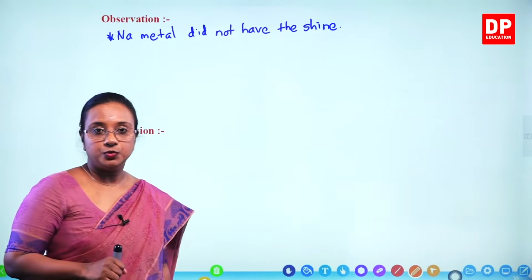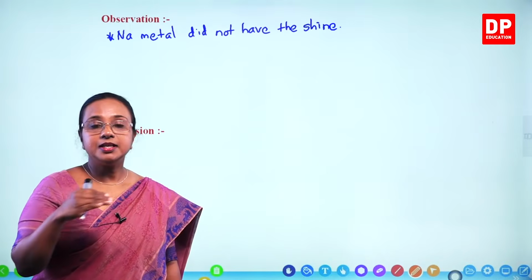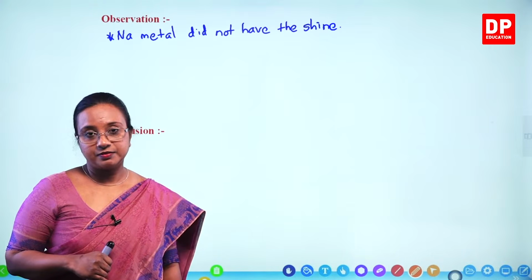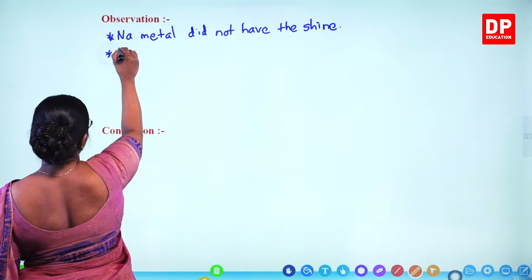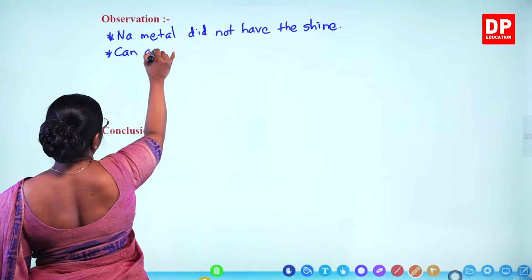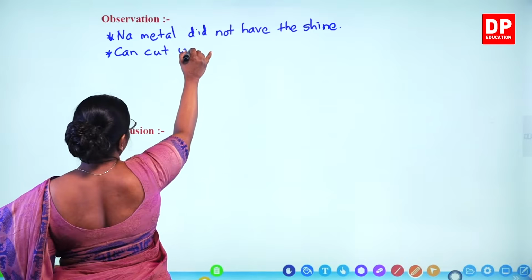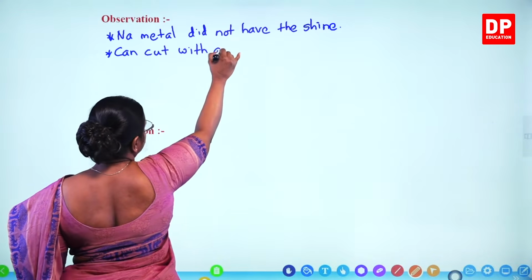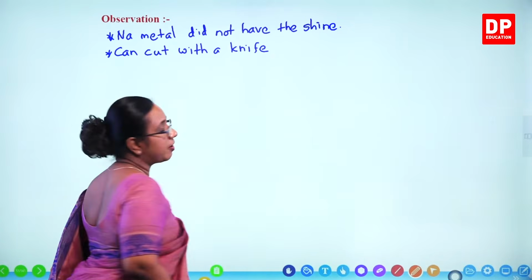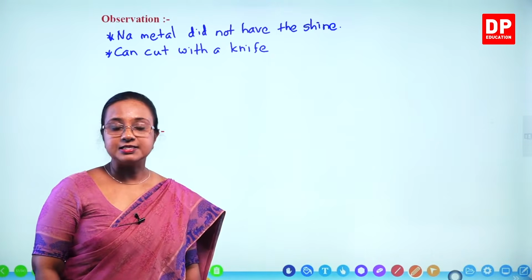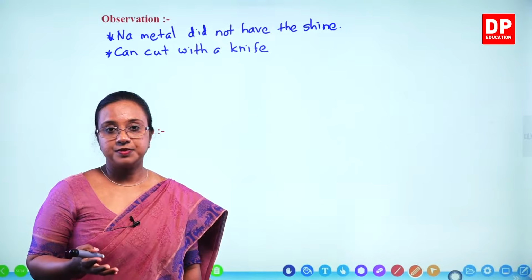Then what did we do? We cut it using a knife. So, we were able to cut with a knife. So, this is a property that we call as soft metal.